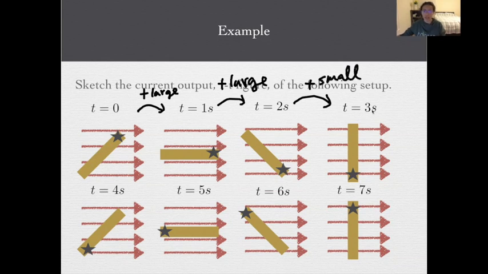Okay, then let's see what's happening from 3 to 4 seconds. From 3 to 4 seconds, it had 4. Now it has 3. So your loop will try to create one more to counter the change.